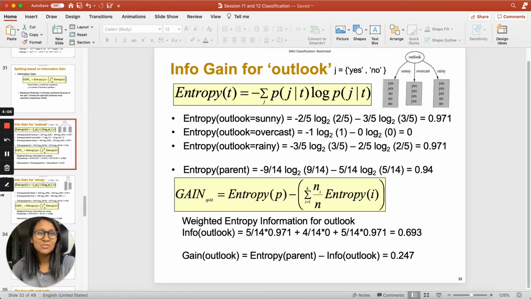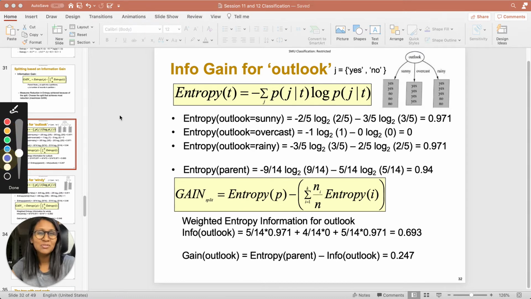So let's start with outlook. Remember, outlook had 3 values: sunny, overcast, and rainy. There were 5 observations with a value of sunny, 4 observations with the value of overcast, and 5 observations with the value of rainy.